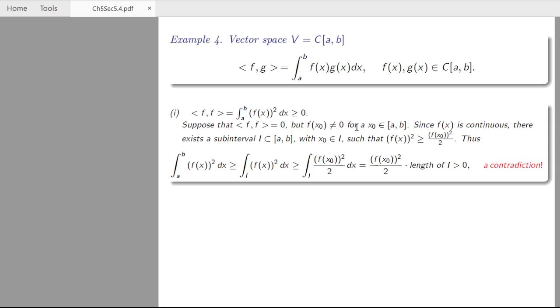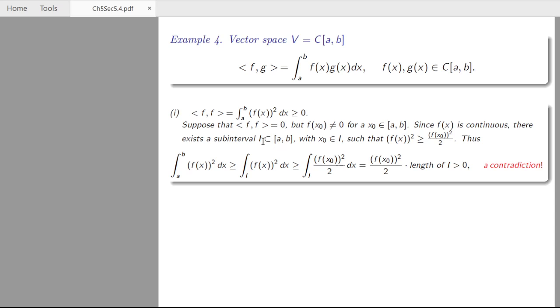Then recall f is a continuous function, so we can find a subinterval in the interval from a to b.